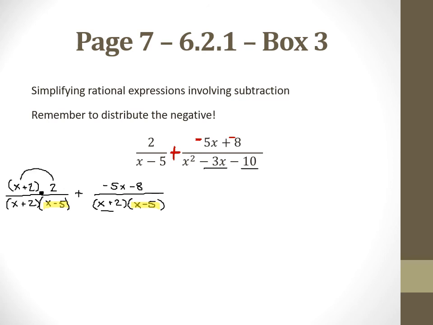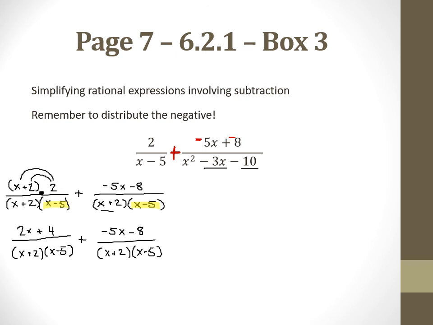So 2 times x is 2x. 2 times 2 is 4. So we've got 2x plus 4 over x plus 2 times x minus 5. And we are adding to that my second fraction, which hasn't changed at all, negative 5x minus 8 all over x plus 2 times x minus 5.